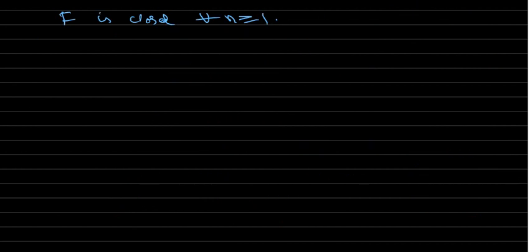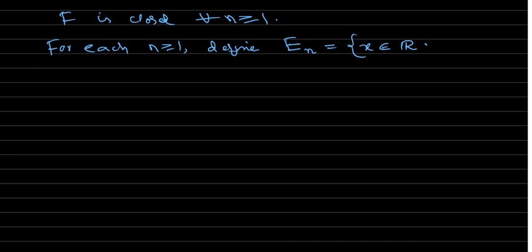Now for each n greater or equal to 1, let's define this set En. It is the set of those points x of R such that the image of x under fn, because it depends on n, is greater or equal to 1 by 2.